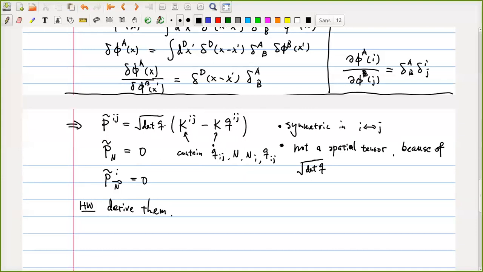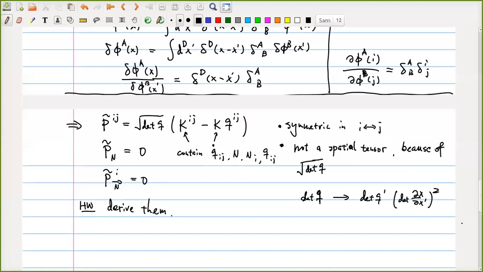but this square root determinant Q is not a tensor, because if you change the coordinate, determinant Q transforms into determinant of Q prime multiplied by the Jacobian matrix squared. The Jacobian is like the determinant of partial x prime.